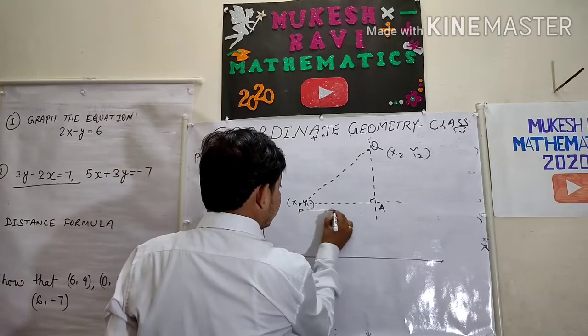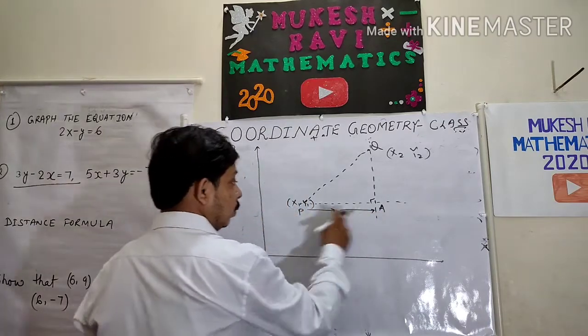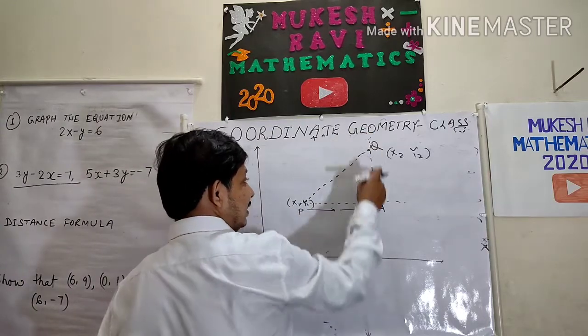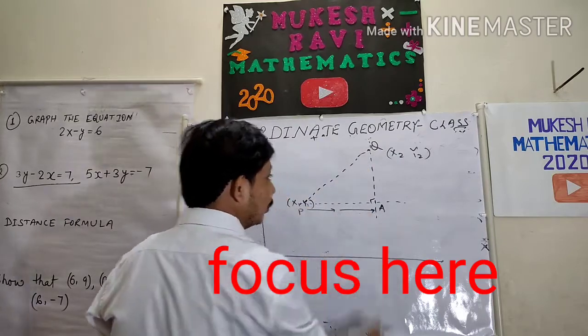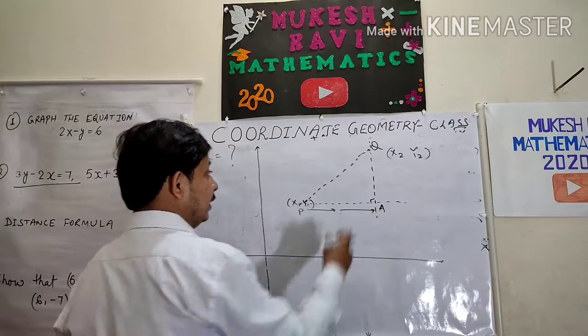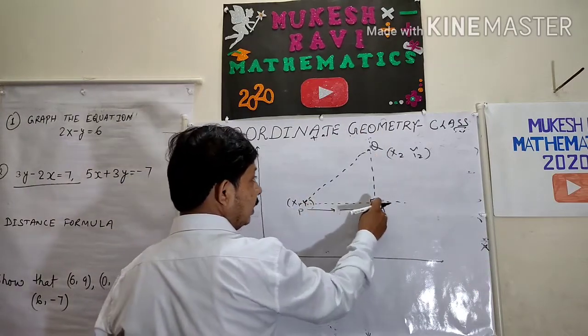What is the value of this line and this line? If we are going to use the Pythagoras theorem, here we are traveling on the y-axis, here we are traveling on the x-axis.